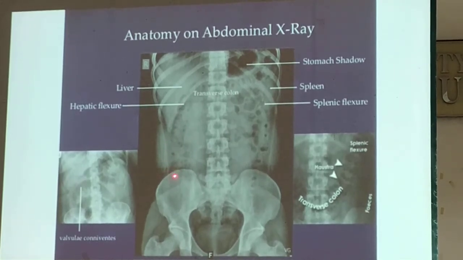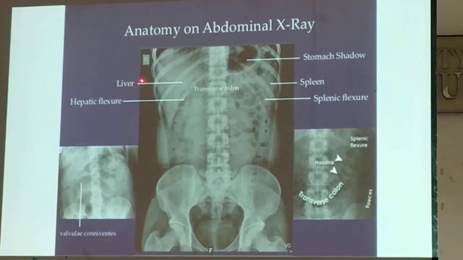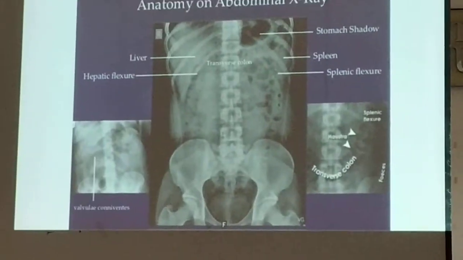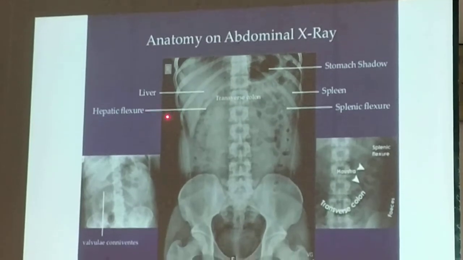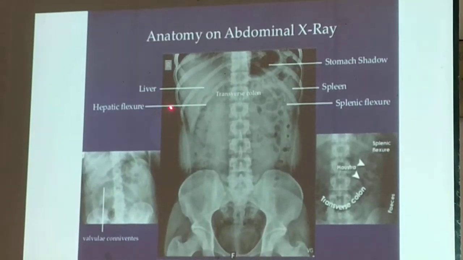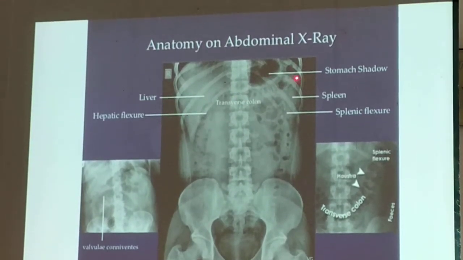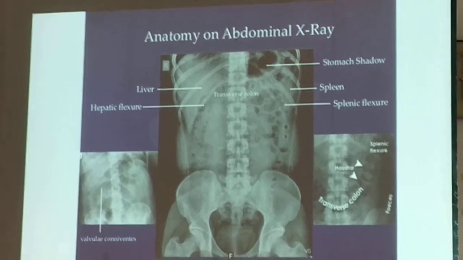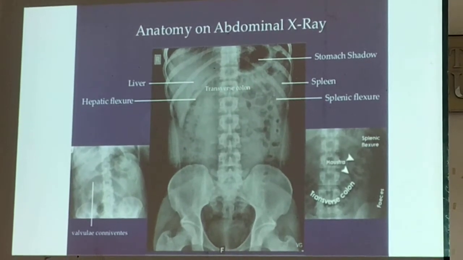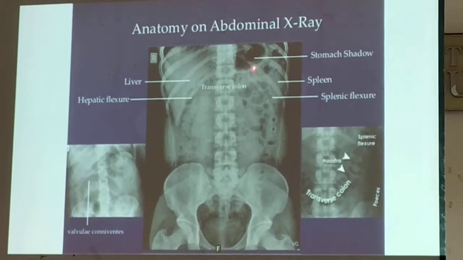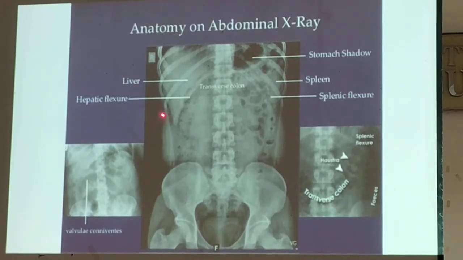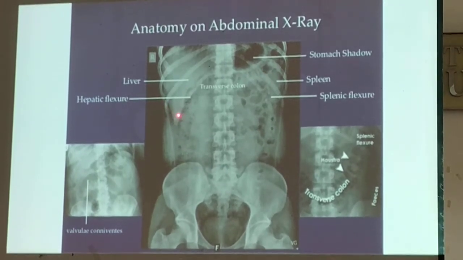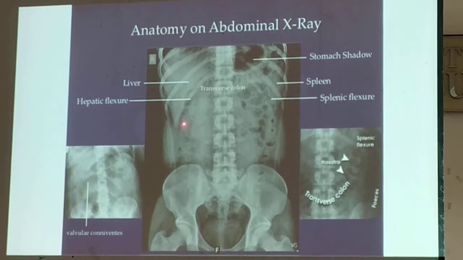Cecum would start on the right lower quadrant going up. That would be your ascending colon. It would end on the hepatic flexure, and then it traverses your abdomen, so that is your transverse colon. It goes higher. So the splenic flexure is higher as compared to the hepatic flexure, anatomically, okay?